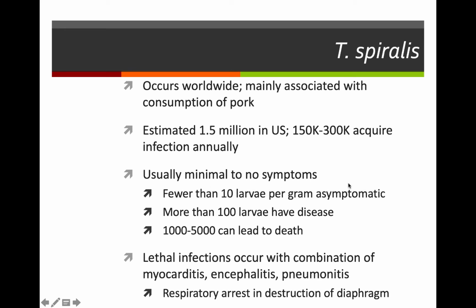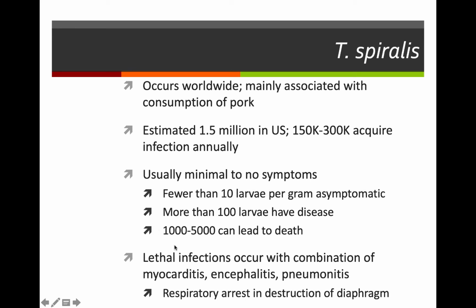Usually, most people won't have any symptoms. If they have fewer than 10 larvae per gram of muscle tissue, a patient will be asymptomatic. More than 100 larvae per gram of tissue will lead to disease symptoms, which can include muscle pain. Depends on which muscle the larvae have encysted in.